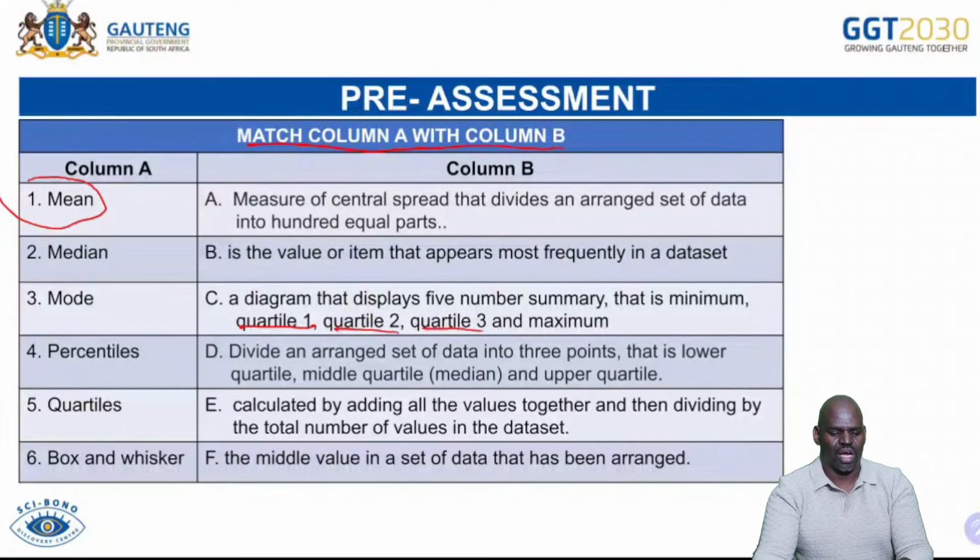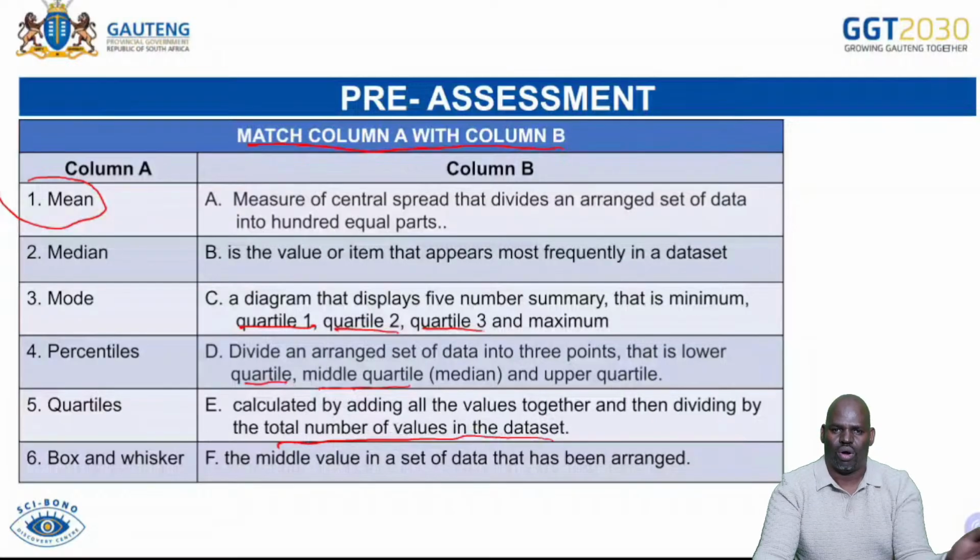The next one is divide and arrange a set of data into 3 points. That is lower quartile, middle quartile, which is the median, and upper quartile. Definitely not. Then we go to the next one, is calculated by adding all values together and dividing by the total number of values in the data set.